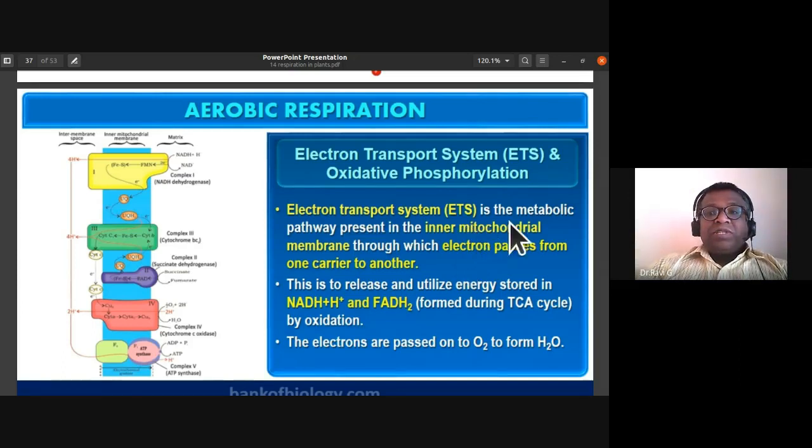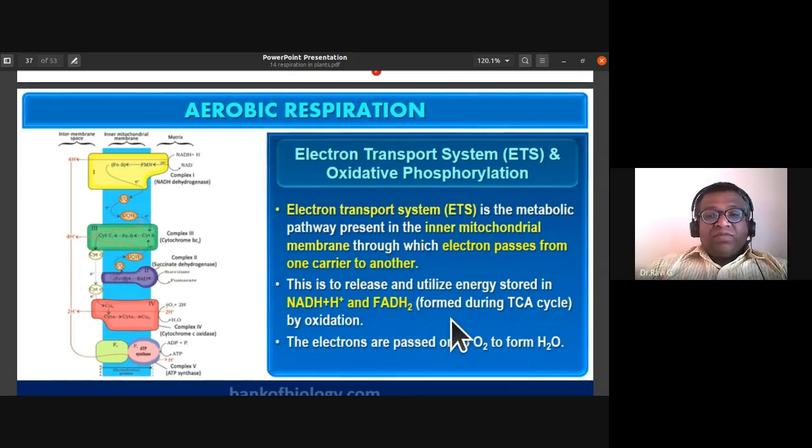Electrons pass from one carrier to another. Why do they have to pass from one carrier to another? This is to release and utilize the energy stored in NADH2 and FADH2, which are formed during the TCA cycle. They are energy rich molecules.